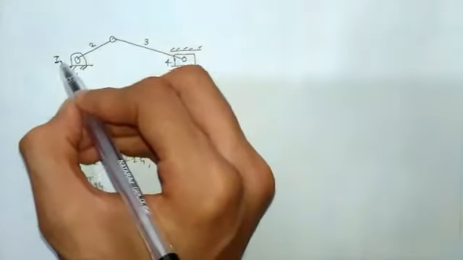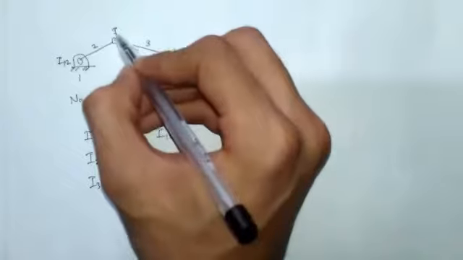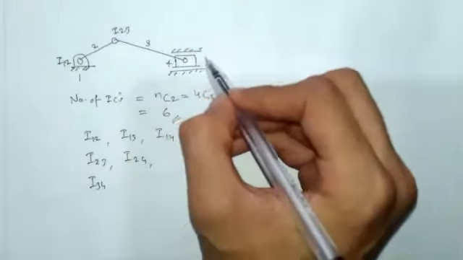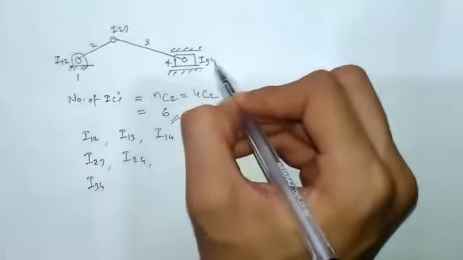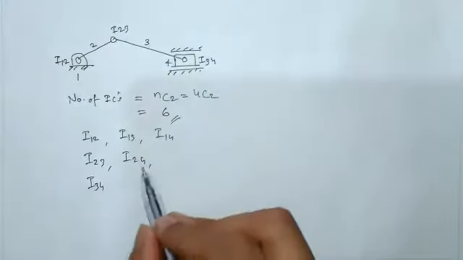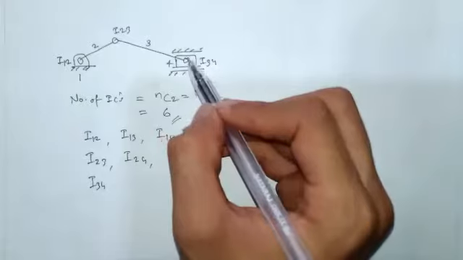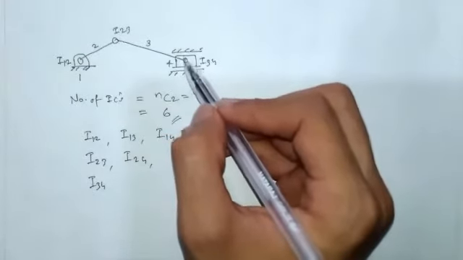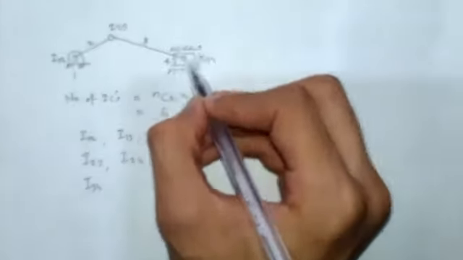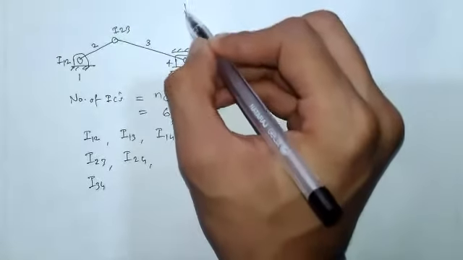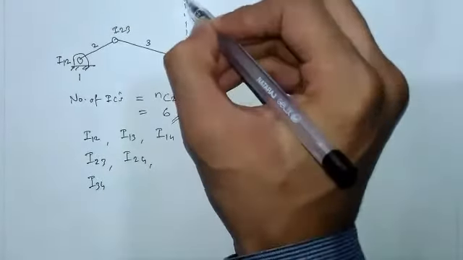So we already have I12, we have I23, we have I34 here, and we also have I14. Since this is a sliding pair, as I showed you at the start of the video, if it is a sliding pair, then its I center lies at infinity.